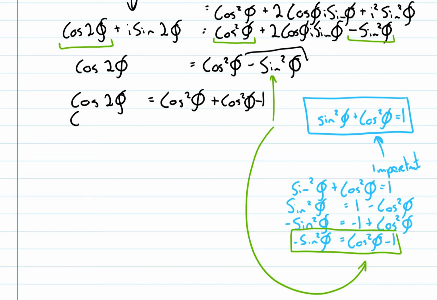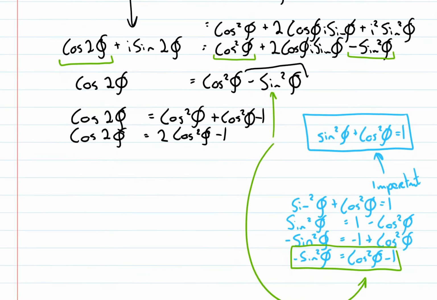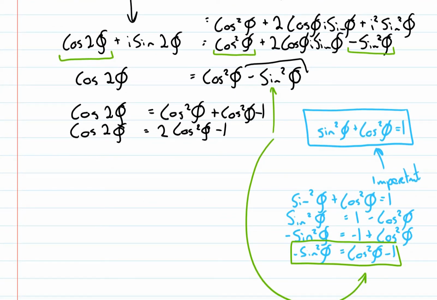Notice I have two cos squared thetas now, so I can say 2 cos squared theta minus 1. And there, I've done that. I've written cos 2 theta in terms of cos theta. And there we go.